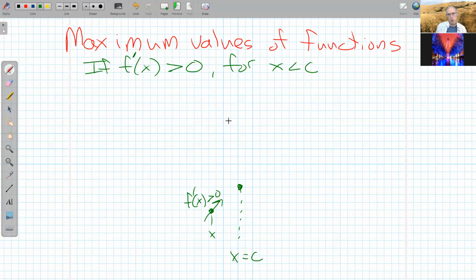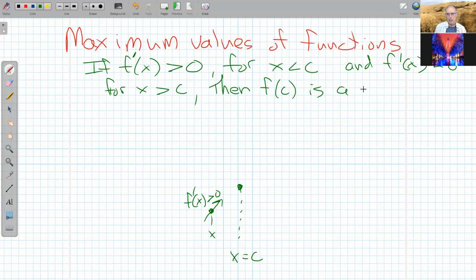We have a positive slope going in, so we're on the left side of c. And f prime of x is less than 0 for x greater than c, then f of c is a max.